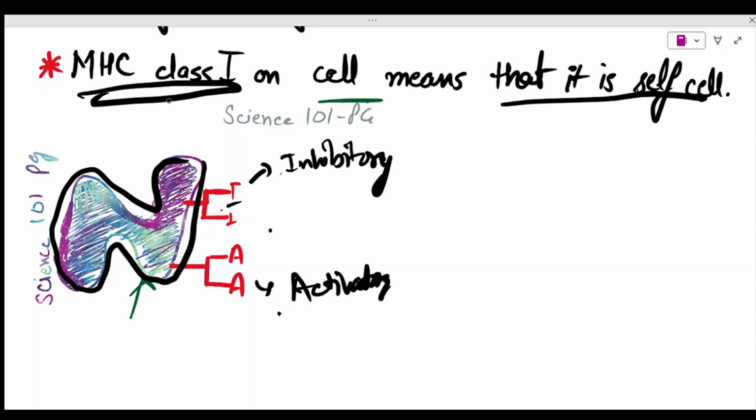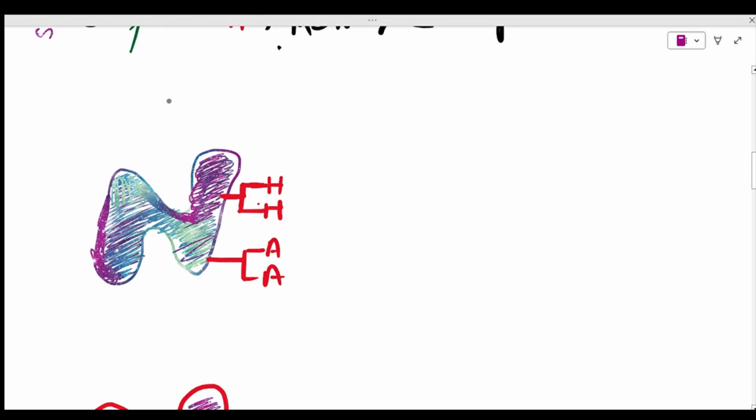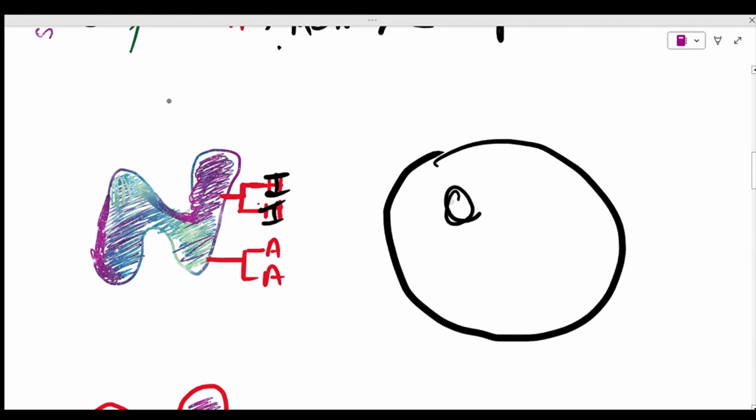Now this inhibitory receptor will interact with the MHC class 1 of the normal cell, while the activatory receptor will interact with the ligand, and that's how it will give the signal. I'm going to explain it right here. This is the inhibitory receptor. Suppose this is a normal cell. This normal cell has MHC class 1 and a ligand right here.